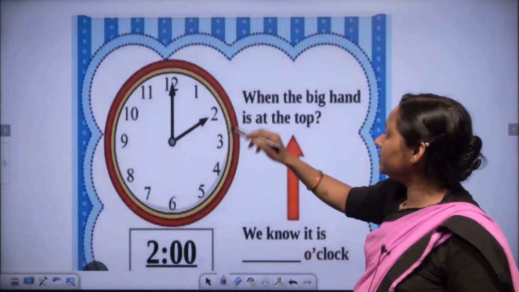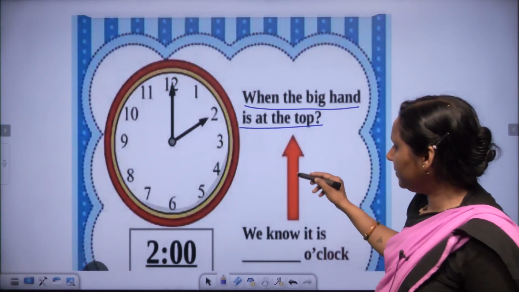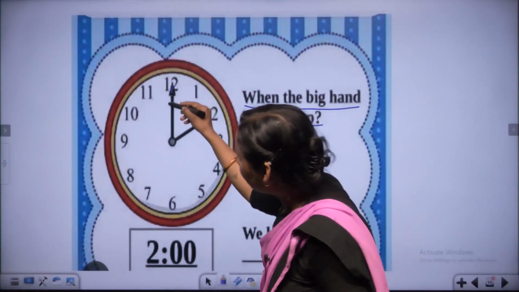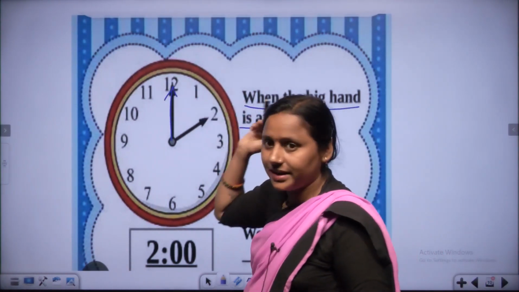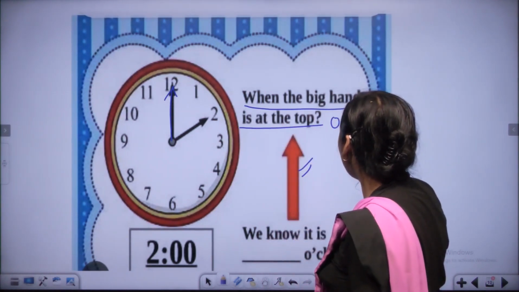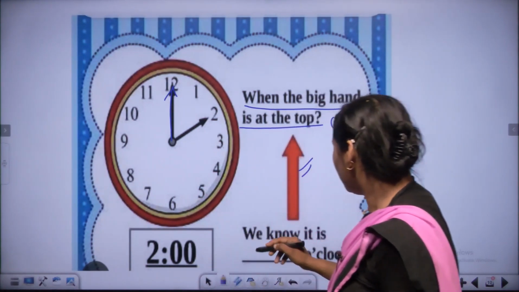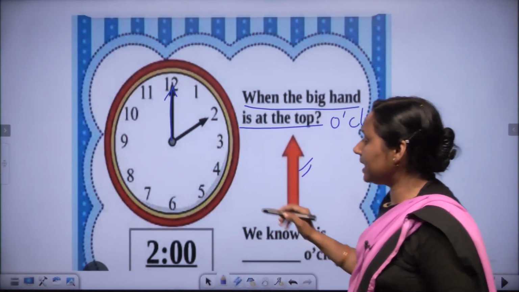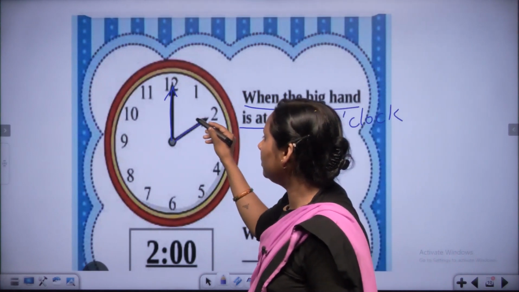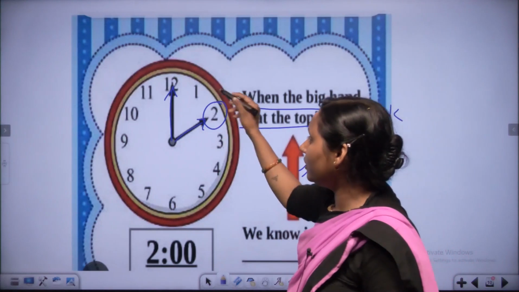Okay, this is a worksheet. When the big hand is at the top, big hand means, children? Yes, this one is the minute hand. What do we say? O'clock. Okay, and we know it is o'clock, and the little short hand, where does it go? Can you tell me the number? 1 or 2?